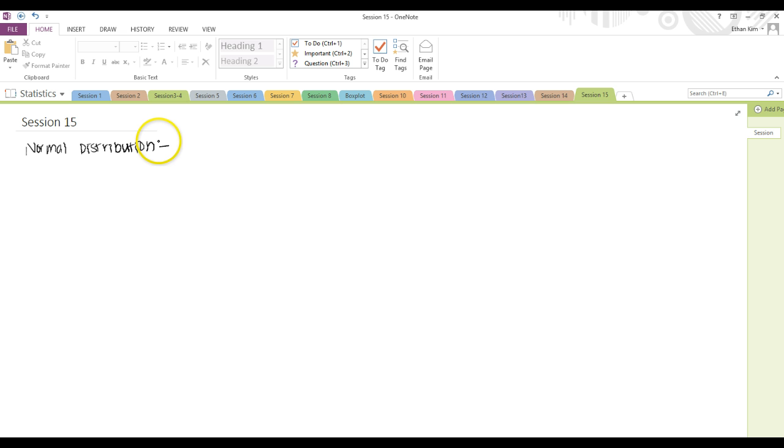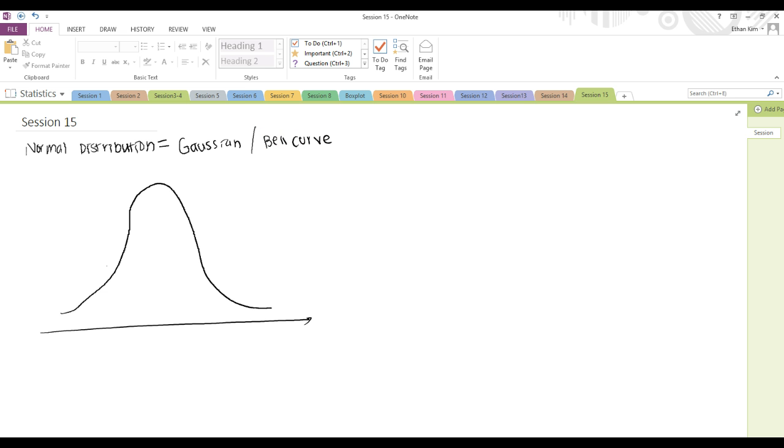Normal distribution is also known as Gaussian or the bell curve, because it looks like a bell curve. This is f of x, and we mentioned that this is the PDF of the normal distribution.